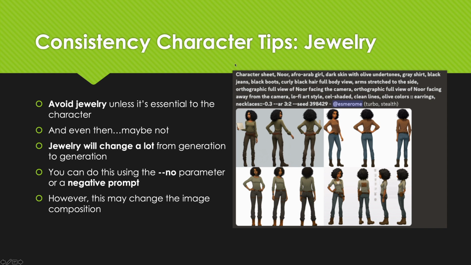Again, we've got this whole character sheet for Noor, who is an Afro-Arab girl, dark skin with olive undertones, gray shirt, black jeans, black boots, curly black hair, and then all this description of the art style, and we've got earrings, necklaces, double colon, negative 0.3 to make it so that it's just her in the outfit without the jewelry.